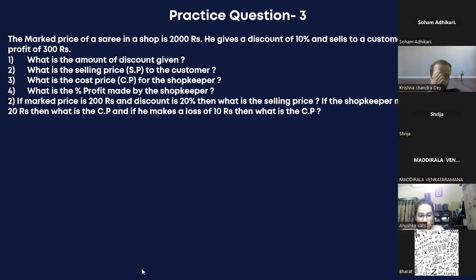I think a typo is there, Tanya. Anushka wrote a typo, 2 rupees. Very stingy person, giving only 2 rupees discount.